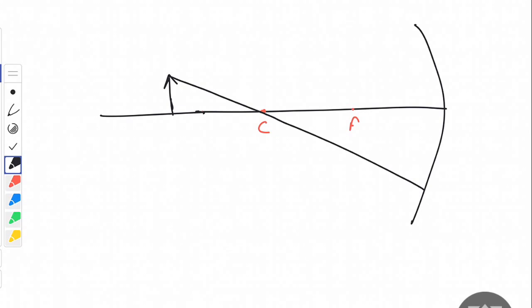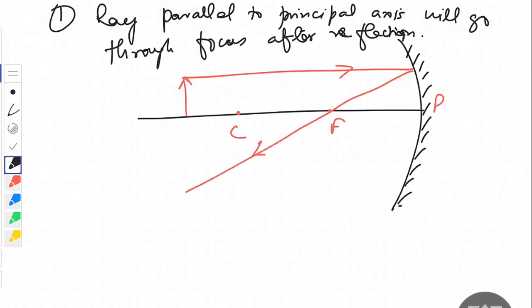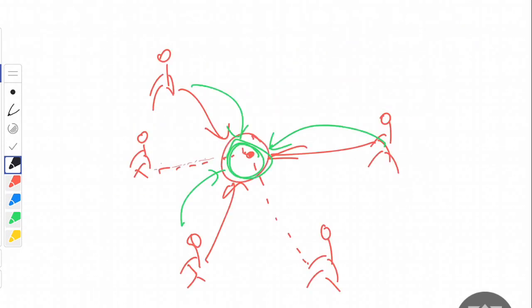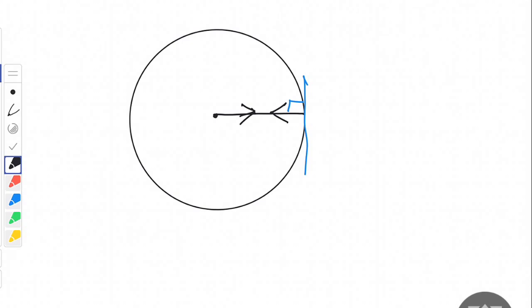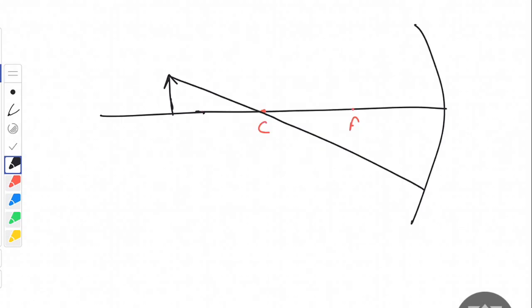Remember, I gave this example here. See, this is the center, right? So a ray which goes from the center is nothing but the radius, and the radius makes an angle of 90 degrees with the tangent. Which means this ray will reflect and come back. So by that logic, a ray which goes along the center of curvature, just watch how I trace it.